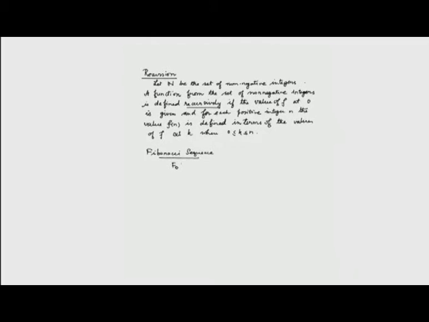F0 is defined as 1, which is equal to F1, and F(n+1) is F(n) plus F(n-1) for all n greater than or equal to 1. This is how we define the Fibonacci sequence recursively.